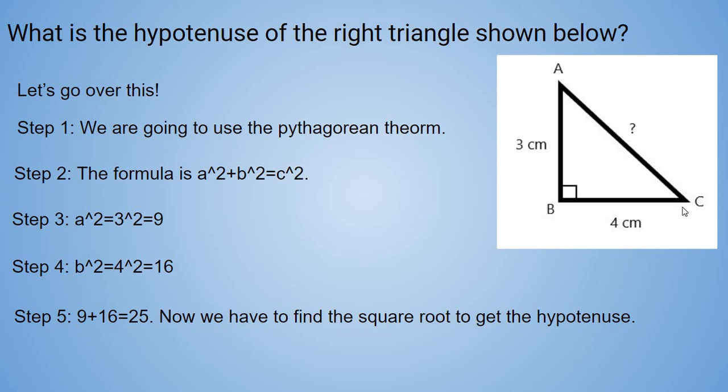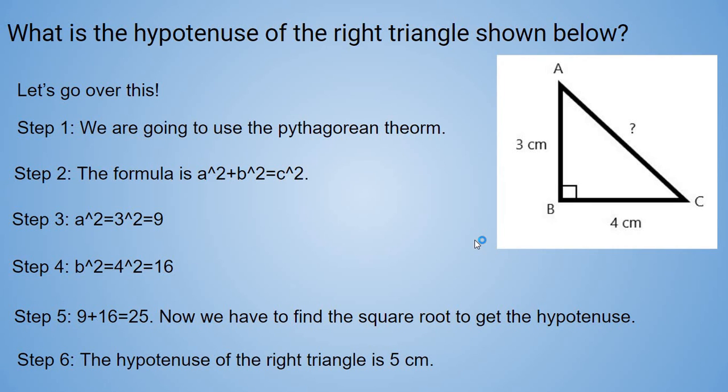So we can just find side C and not C times C. So the square root of 25 is 5. That would be our hypotenuse length. And that's our final answer. The hypotenuse of the right triangle is 5 centimeters. Okay? Good job. We're done.